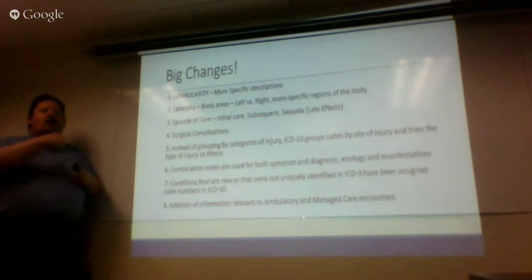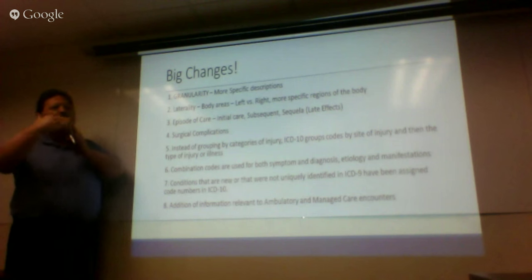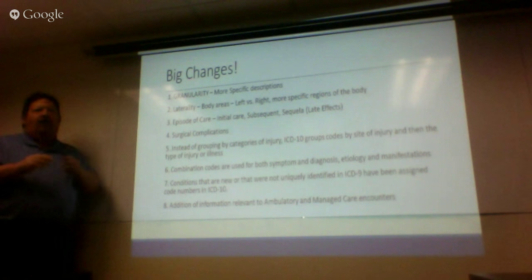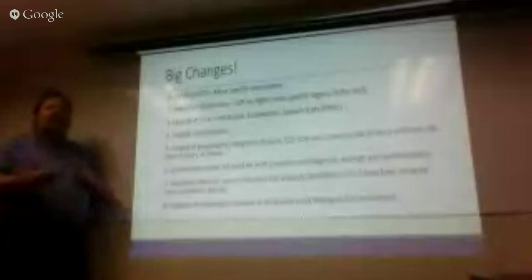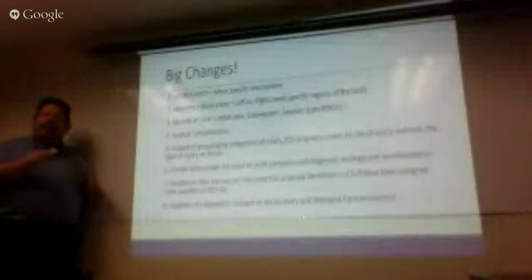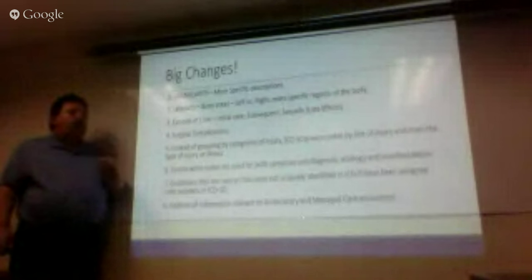The new ICD-10 code set allows the doctor to describe which quadrant of each breast that mass lies in. Whereas before, it would be left breast or right breast, and we wouldn't be able to tell. So they're poking all around trying to figure out where it may be. With this code and this anatomic specificity or granularity, we know exactly where these types of injuries and occurrences are. Much more granular. The episode of care, we kind of talked about that earlier, is really important, especially for reimbursement purposes.